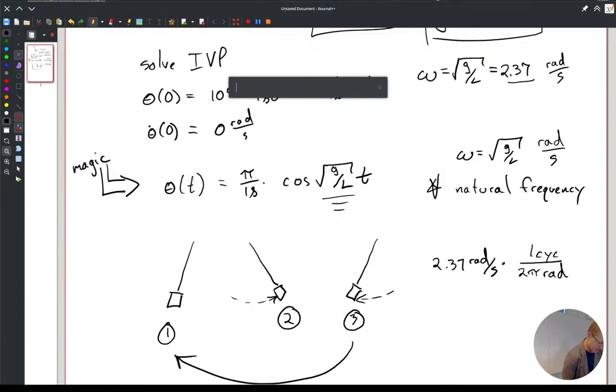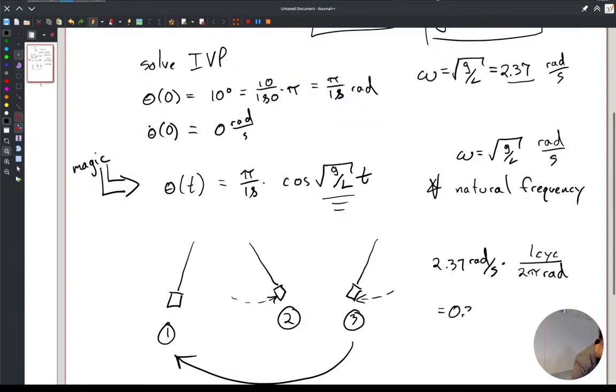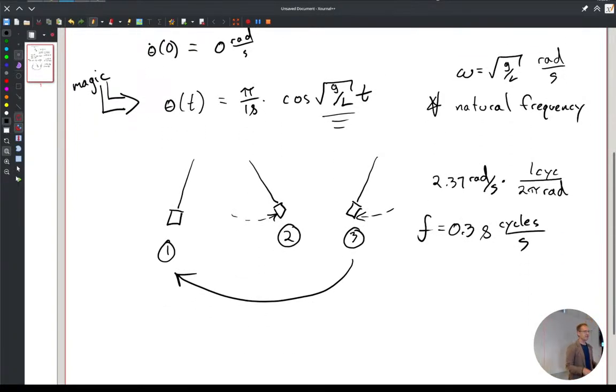That's 0.38. I like to put an F just to remind myself that that is frequency that's actually measurable, not the natural frequency in radians per second. Always do your math in radians per second and then measure stuff in cycles per second. It's just easier that way.